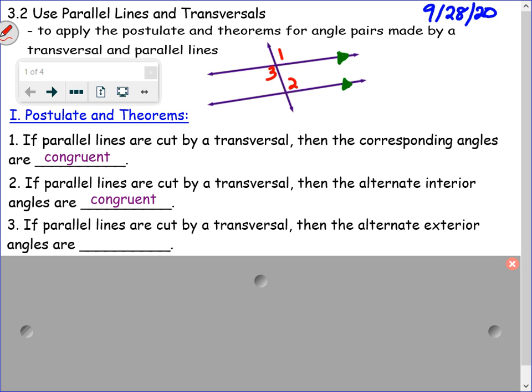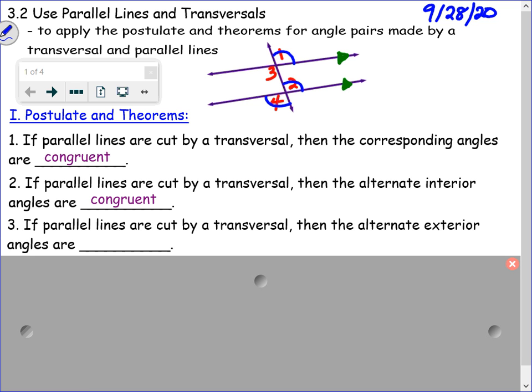So we already know we have angle 1, which is an exterior angle. So I'm going to put in angle 4, which is its alternate exterior angle. And let's go back to what we know again. We know that angle 1 is congruent to angle 2 because they were corresponding angles. We know angles 2 and 4 are congruent because they're vertical angles.